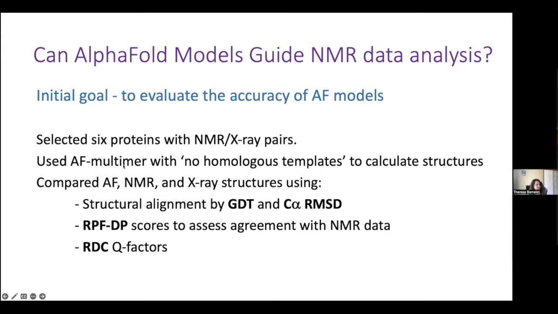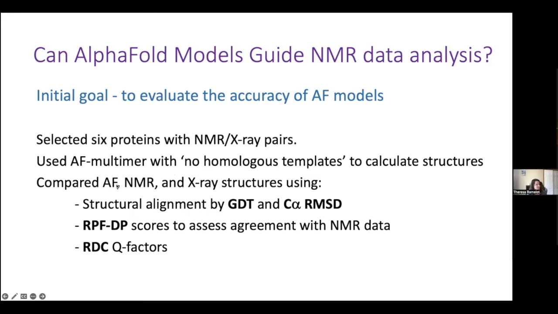And we used AlphaFold Multimer with no homologous templates to calculate the structures. As Jonas Adler pointed out, having templates didn't make a huge difference in the AlphaFold structures, but we wanted to make sure that we weren't using the actual X-ray structures that were in the PDB when we used AlphaFold to calculate the structures.